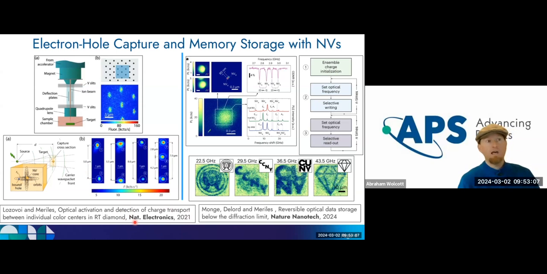On the right-hand side, at low temperatures, the hyperfine electronic structure of nitrogen vacancy centers are interrogated and are used to encode information optically. So the hyperfine structure of the NV can be readily controlled through this ionization process, but also through using specific wavelengths of light.